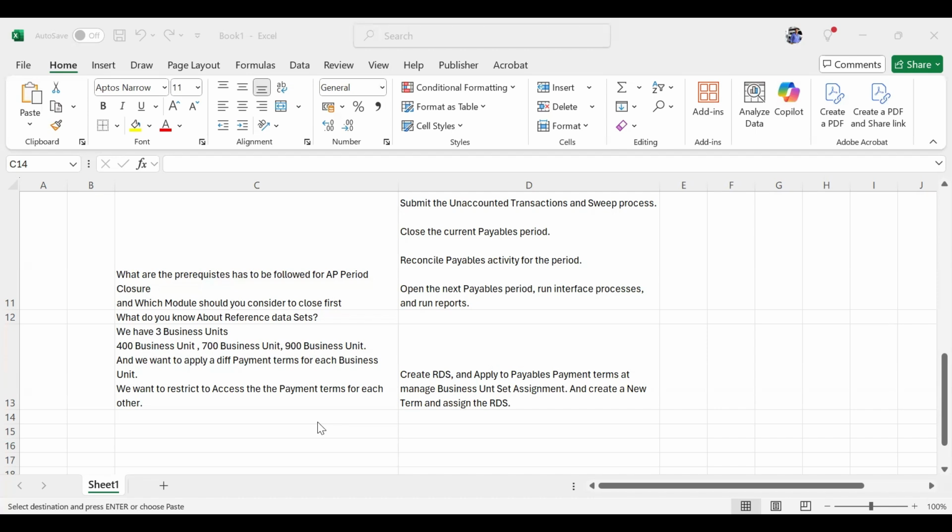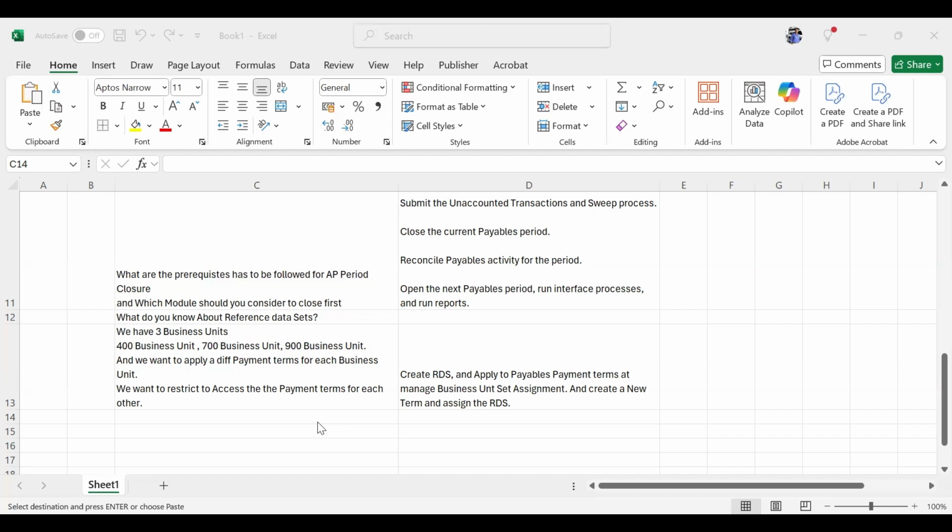Payment term duration is also different. Now I would like to use different payment terms for each supplier. I don't want to use the same payment terms for all the suppliers. Yes, sometimes discounts also are there.